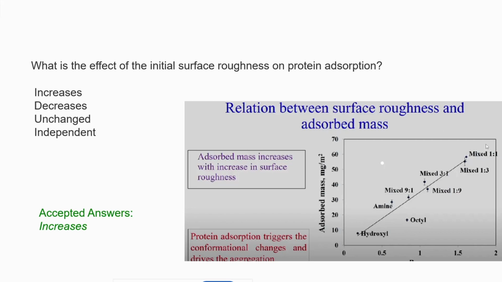This graph also shows the experimental results, where in one of the experiments it was observed that the more the surface roughness, the more adsorbed mass there was. And if you see it like this, a smoother surface gives fewer chances for the proteins to interact with the material than a slightly rougher surface.